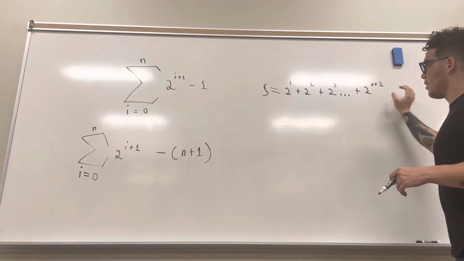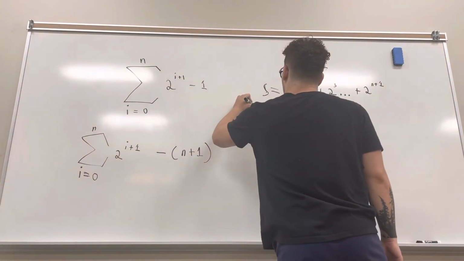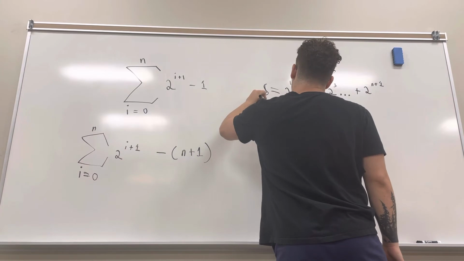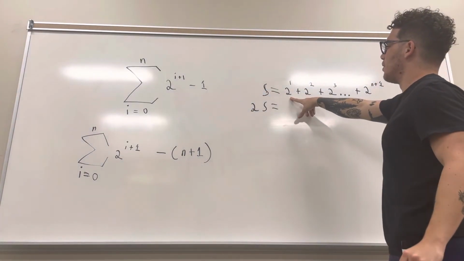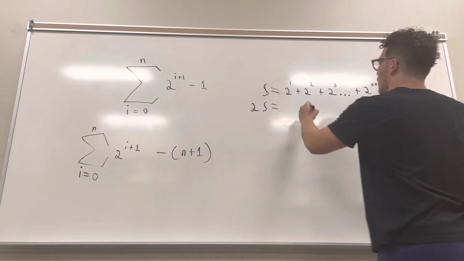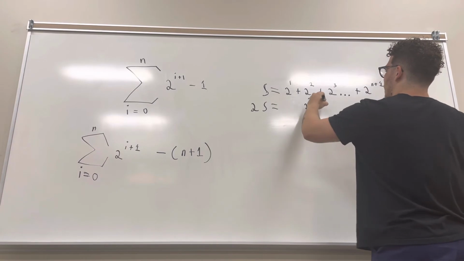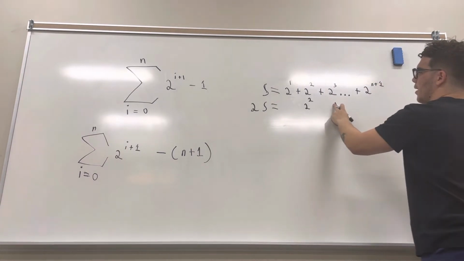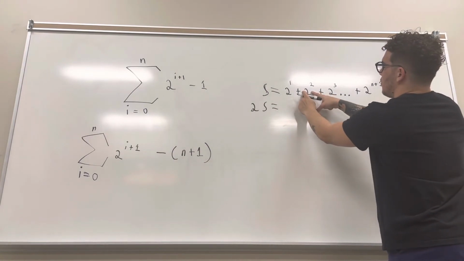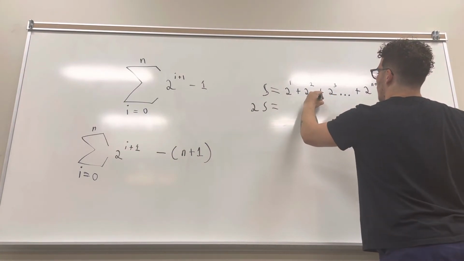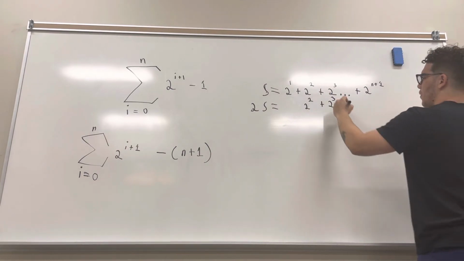So let's write it again with one more term. That's going to be 2s. If we multiply this by 2, it becomes 2 to the second. Multiply this by 2, it becomes 2 to the third. Then we multiply this one by 2 and it becomes 2 to the fourth.